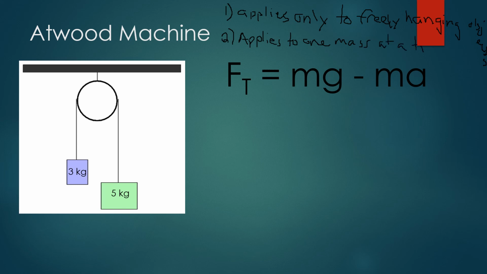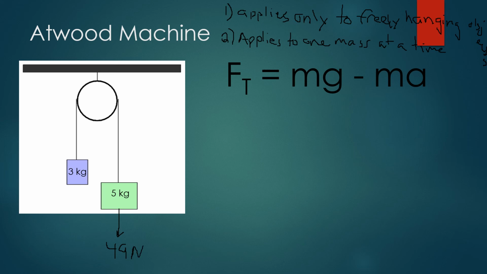Okay, so this is going to be a lot, so let's get ready. How do we figure the acceleration first? Well, let's draw the free body diagram. I know that gravity is pulling down on the 5 kilogram crate 49 newtons. 5 times negative 9.8 is negative 49, or 49 down.